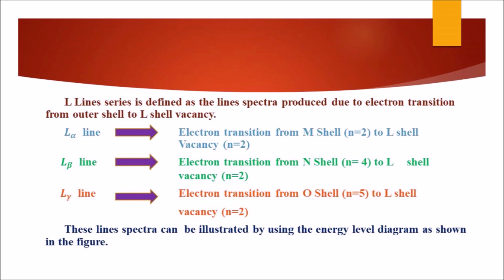And the next is the L beta line, which means electron transition from the N shell to the L shell, that is n equal to 4 to n equal to 2. And the next line is the L gamma line, which means electron transition from the O shell to the L shell vacancy, which means n equal to 5 to n equal to 2. These line spectra can be illustrated by using the energy level diagram as shown in the figure.